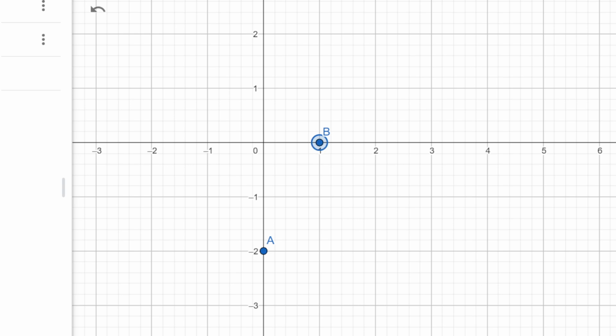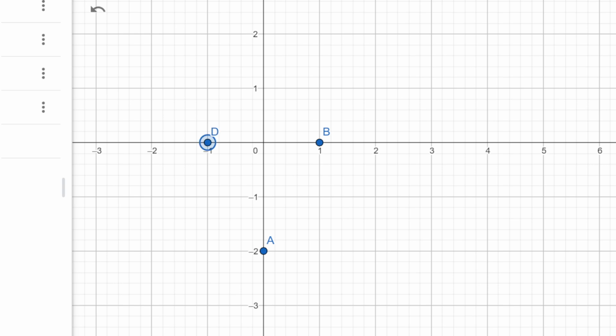Similarly, let's plot it for the second equation, which is 0 comma minus 4 and minus 1 comma 0.